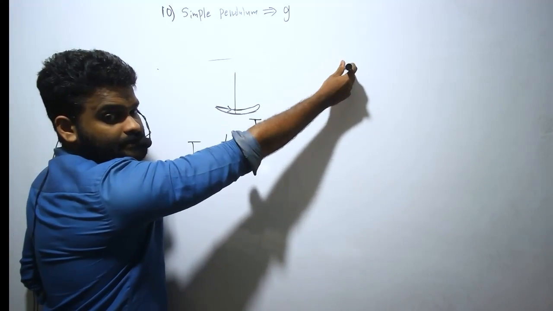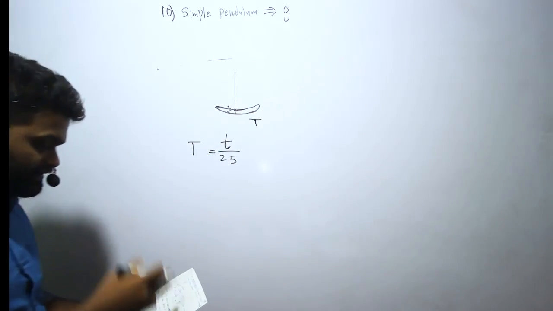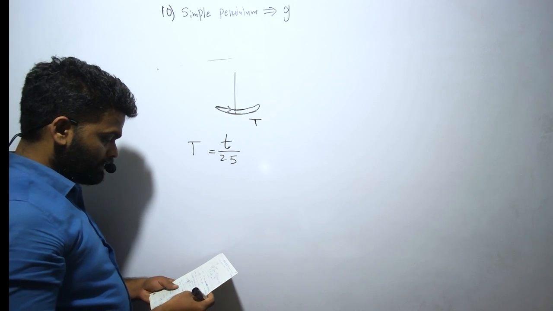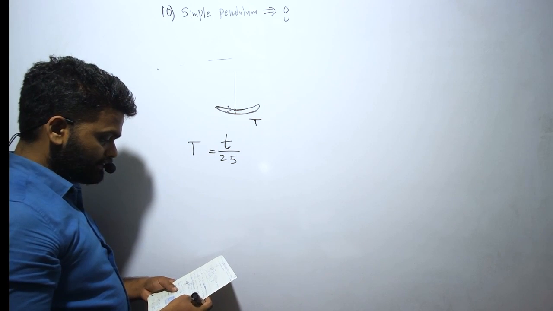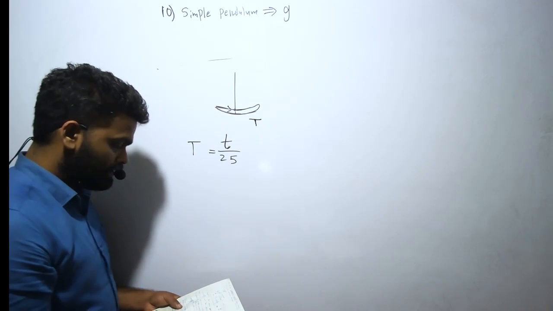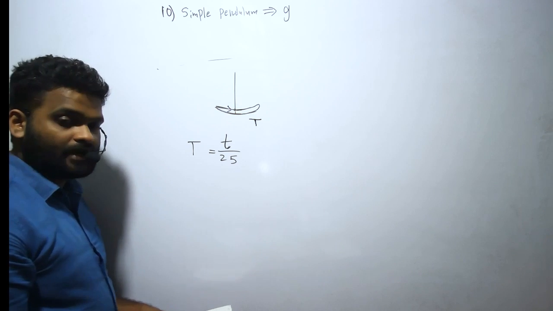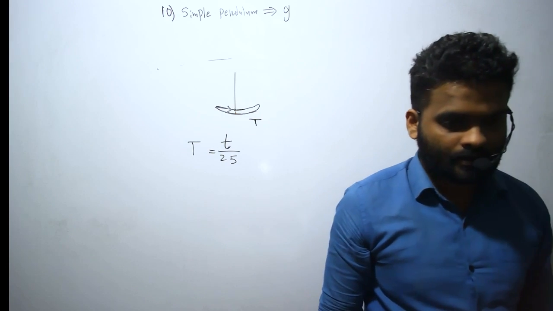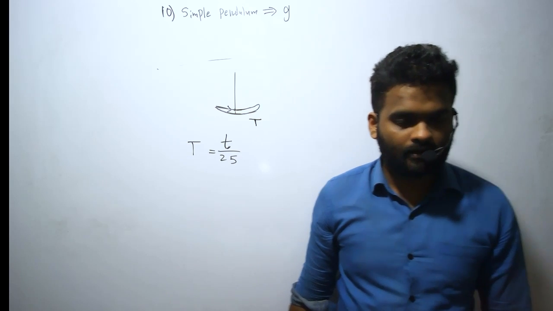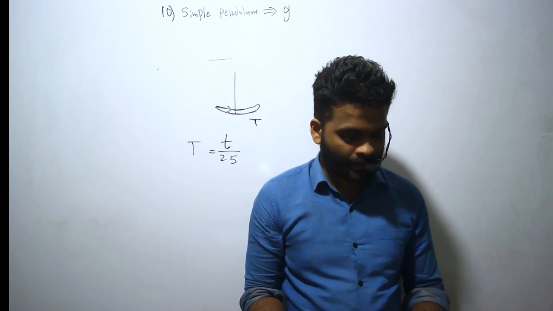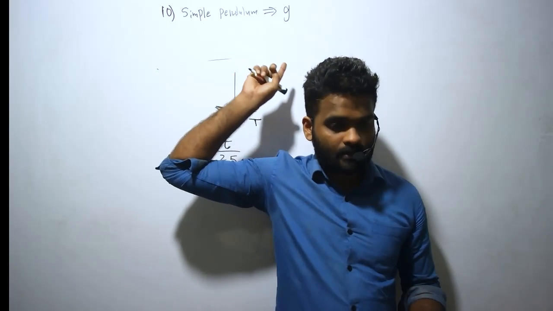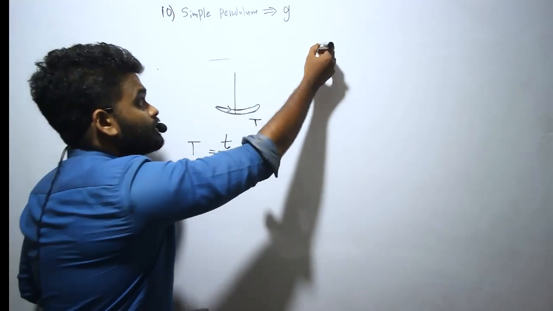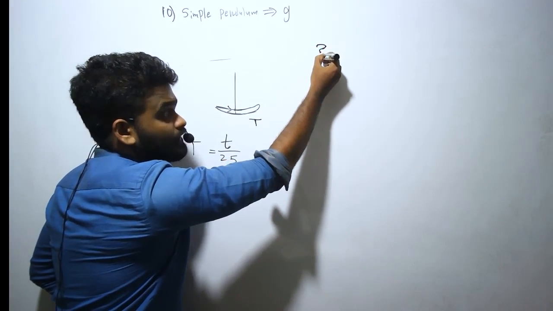Draw a line like this above, just to separate the above stuff. Write down: why measure the time for 25 oscillations?